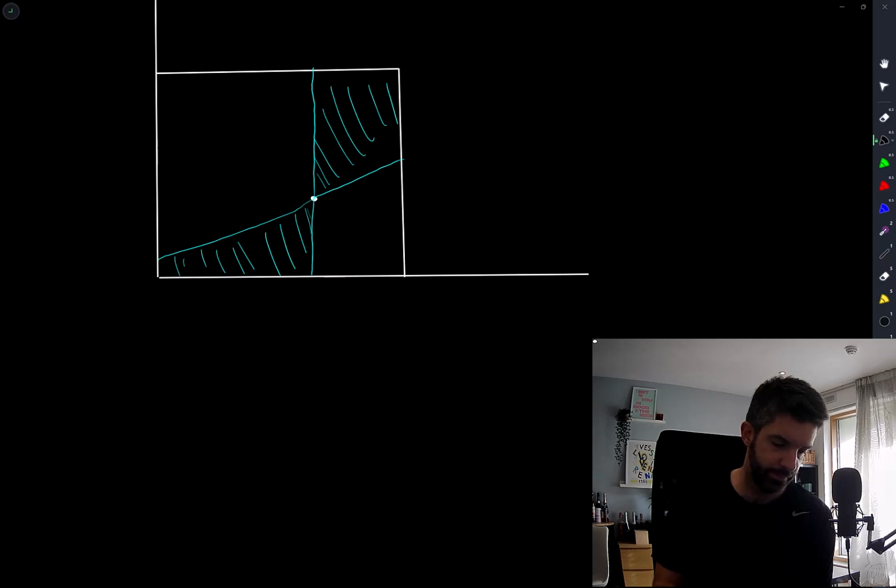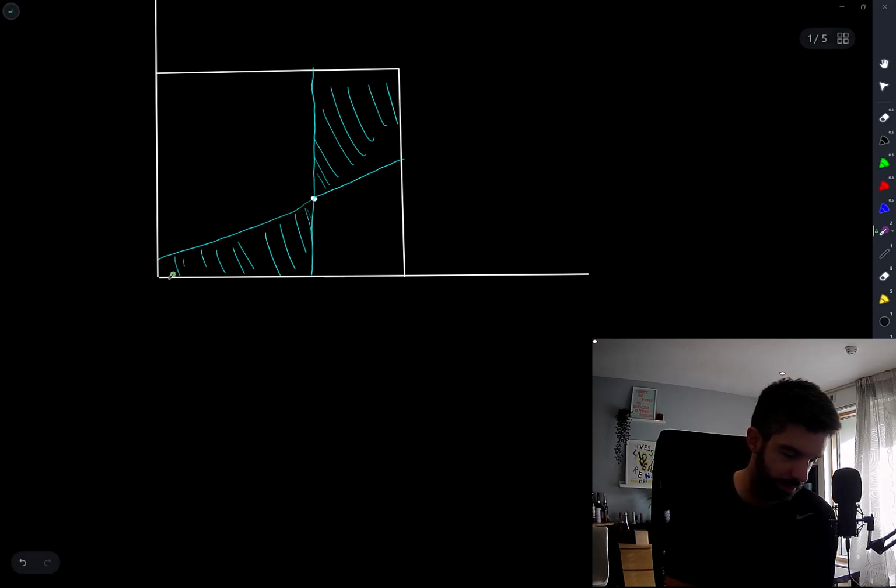Okay. I just need to compute the area of that shaded region now. So I guess, what's the best way to do this? Probably need to find that point.